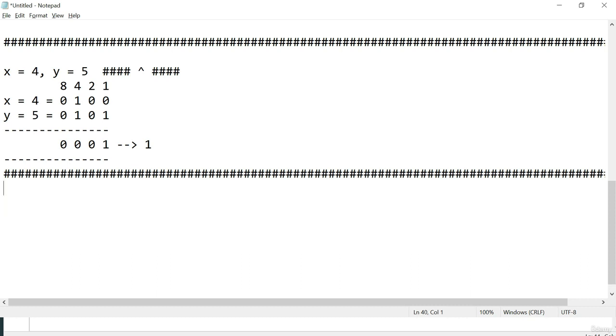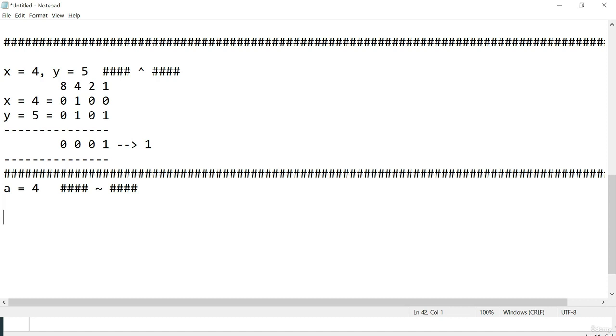Here we will apply the bitwise complement for only one value. The symbol is this one, tilde. This key is present exactly underneath the escape key on your keyboard.